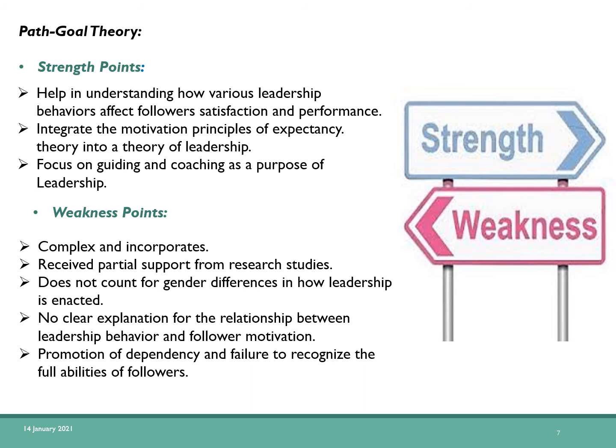Despite being a unique theory, it fails to explain the relation between leadership behavior and follower motivation. The final point of weakness is the promotion of dependency and the failure to recognize the full abilities of the follower. This approach treats leadership as a one-way event. The leader affects the follower. It places a great deal of responsibility on leaders and much less on followers.